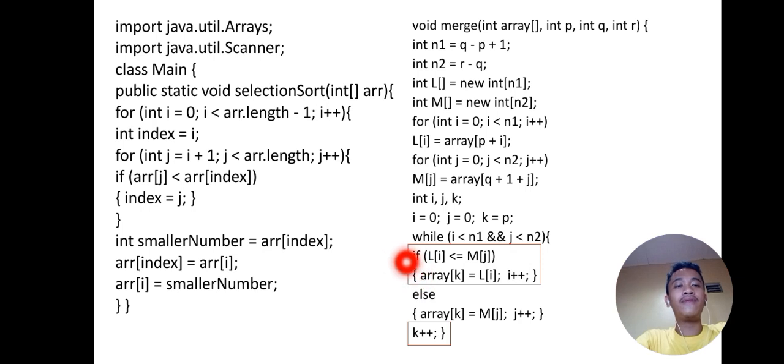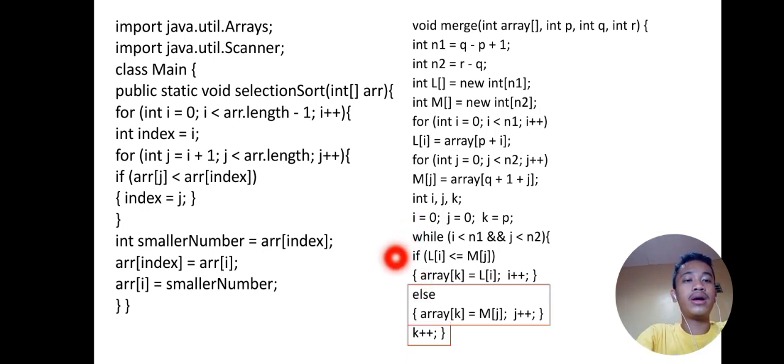And we have an if statement; if this if statement is true, it will perform this code, otherwise it will jump to k++. If the condition in our while is false, then obviously it will jump to else and skip the if statement. So else, and then after that it will be k++.